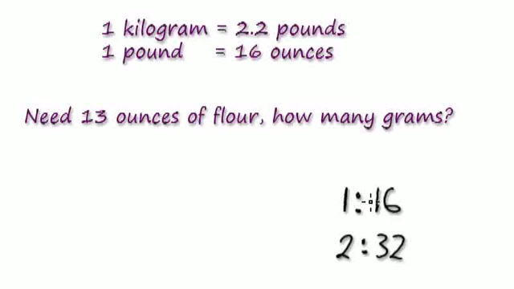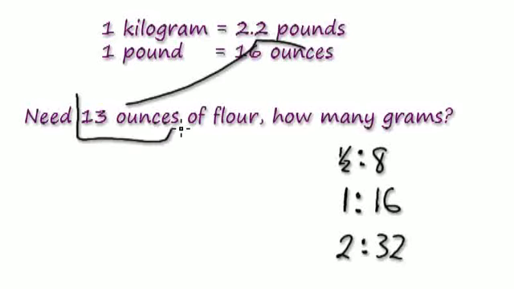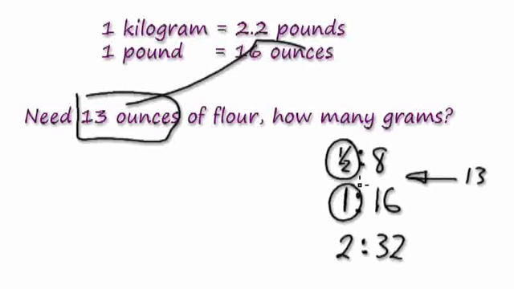If 1 pound equals 16 ounces, then half of a pound equals 8 ounces. Now we want 13 ounces, so our answer is somewhere in between. So our answer would be higher than a half, but lower than 1.